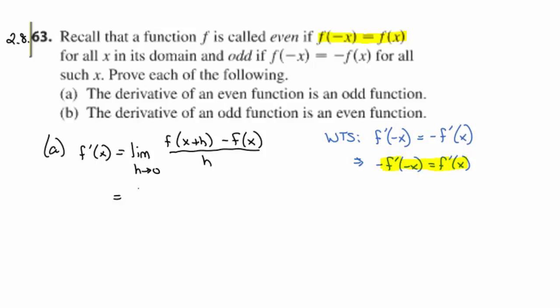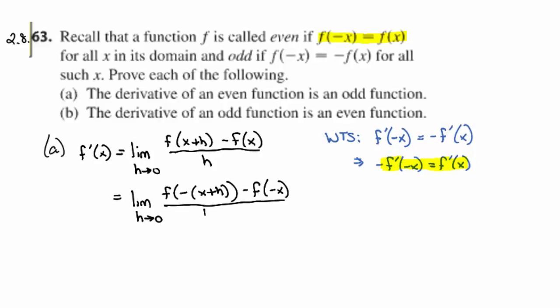And I know that since f is even, this is the limit as h approaches 0 of f of the opposite of x plus h minus f of the opposite of x all over h.